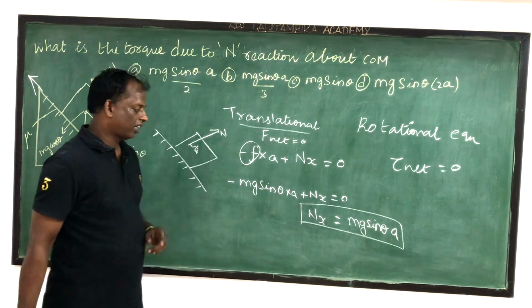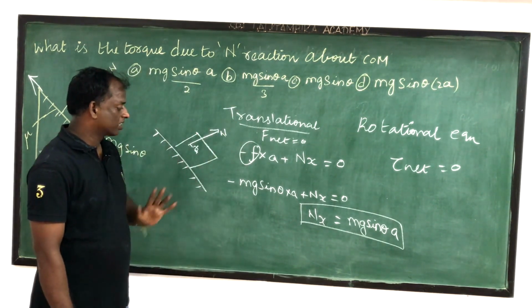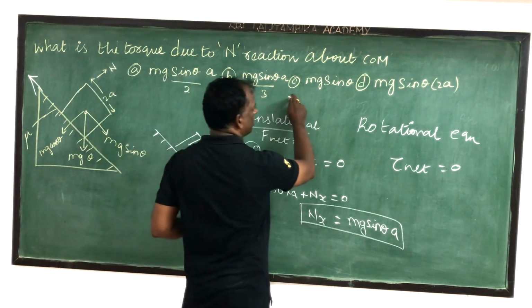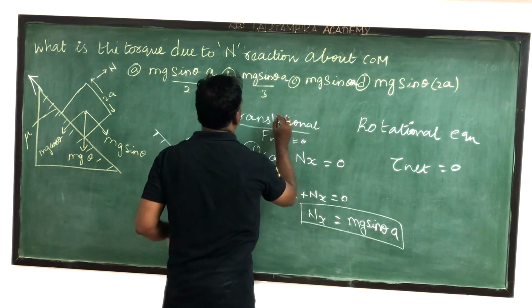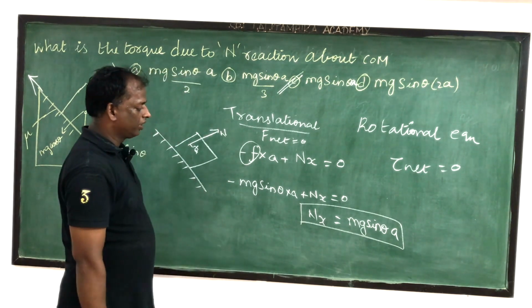So இதுதான் நமக்கு கேட்டிருக்காங்க, find the normal reaction torque about the center of mass. அவ்வளவுதான் question. So the option is mg sin theta into a, so it is option C.